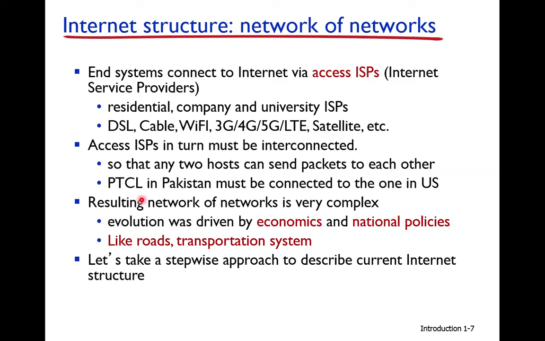Similarly, PTCL is providing connectivity in Pakistan, so a user connected through DSL to PTCL is calling a user in the US. In the US PTCL is not available, so there must be another provider. And how Pakistan is connected to the US, there may be another provider.